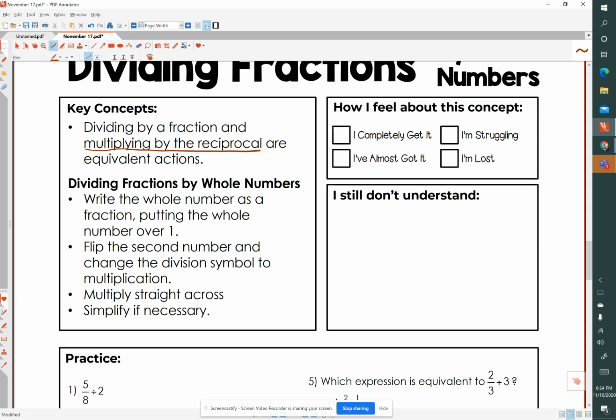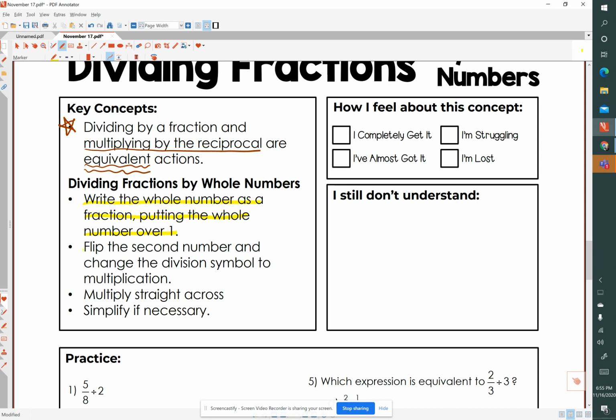Dividing by a fraction and multiplying by a reciprocal are basically equivalent actions. They are equal type actions. So when we divide a fraction by a whole number, we want to first write the whole number as a fraction, and we do that by putting the whole number over 1.